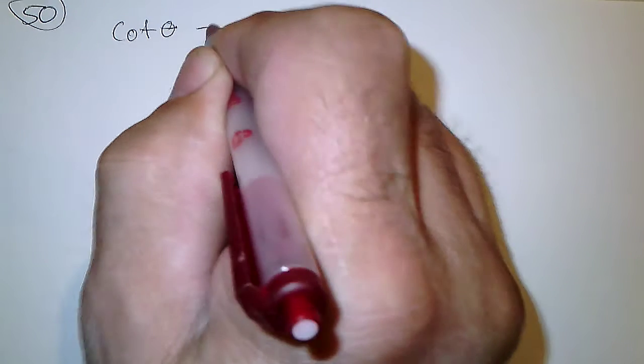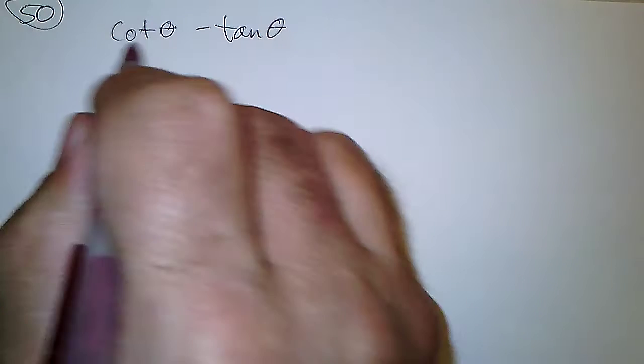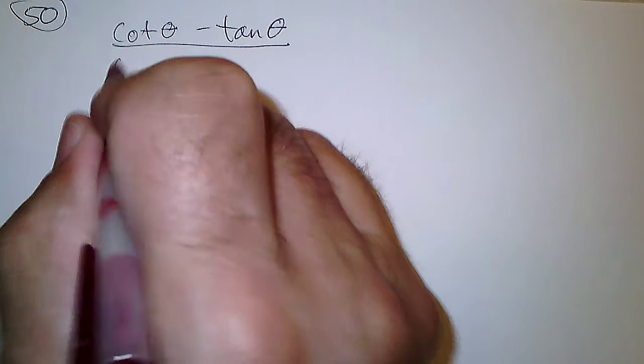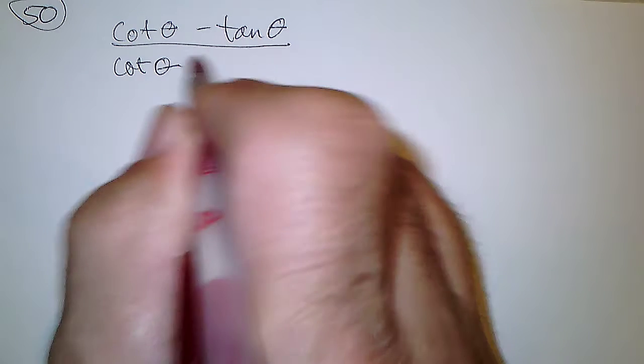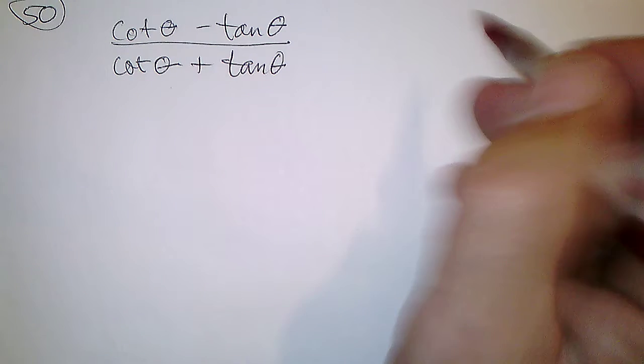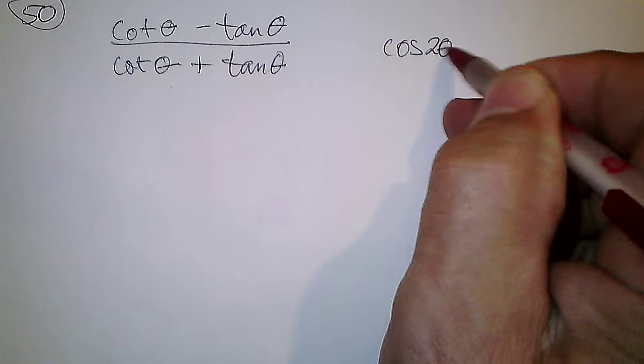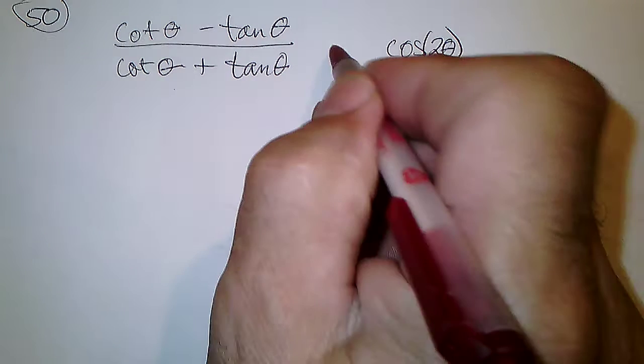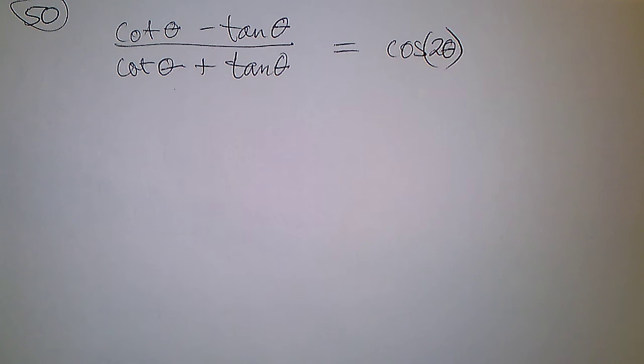Now we're going to do number 50. 50 says, show that cotangent theta minus tangent theta over cotangent theta plus tangent theta is cosine of 2 theta. All right.